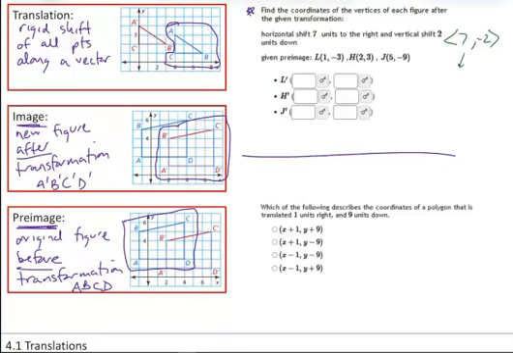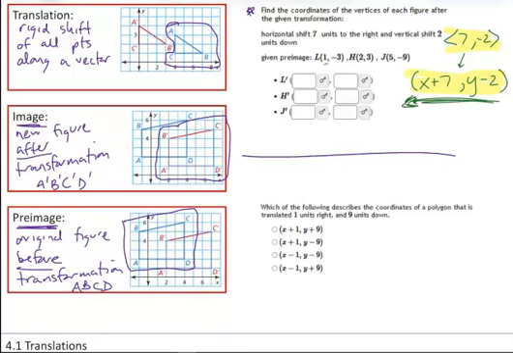Now you can also think of this as an ordered pair. Here, you take your original x coordinate and your horizontal shift is adding 7, and for your vertical shift, you take the y coordinate and you shift it down 2. So you can either think of it as a vector, or as the shift in the coordinates. Either way, this is what you're really applying when you write your answer.